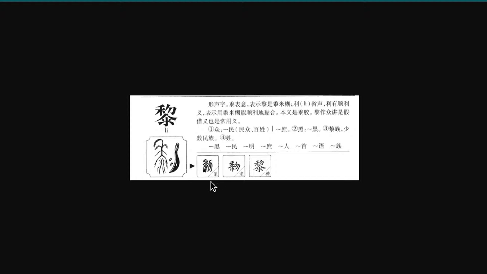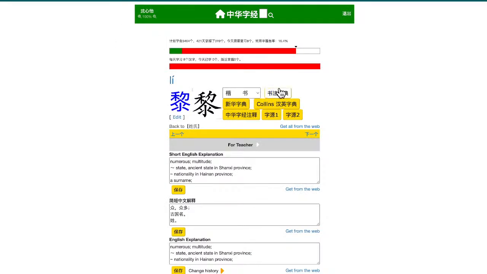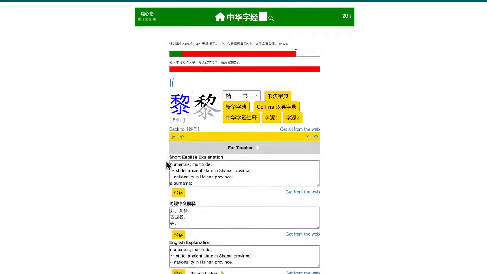And this one put together means glue, to glue things together. It's the sticky rice, to glue things together. Okay, but nowadays, other than using it as a surname, the other use means folks, it means people, means multitude. Okay, so this is 黎民百姓. That's a very common word called 黎民百姓.